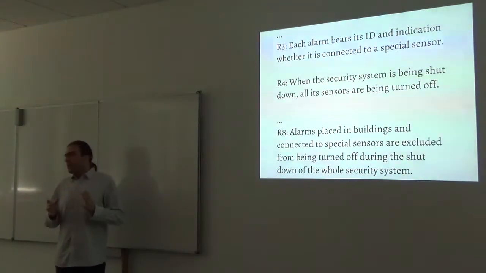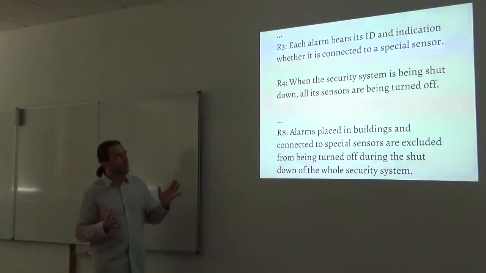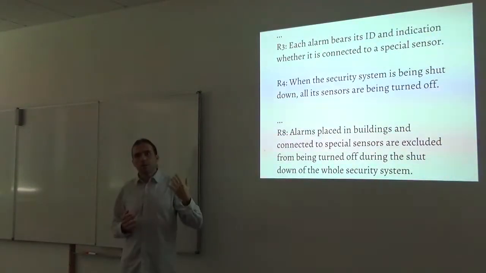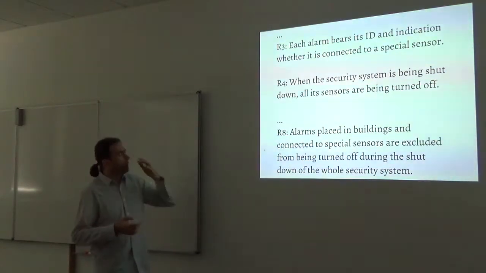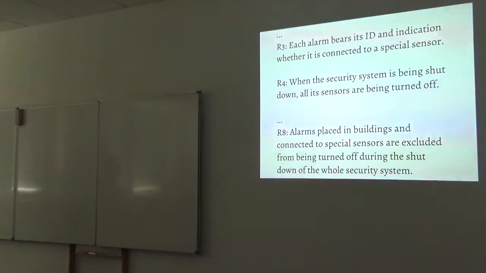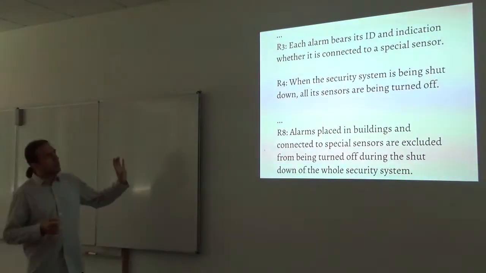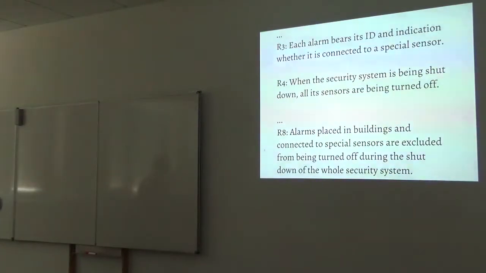Use cases might be a way to collect requirements as well, but sometimes we just write down the statements that we collect from the client. It might look like this. It might be numbered, it might be better organized or whatsoever. There might be hundreds, thousands of requirements, but let's have a look at this small part of a specification of some security system.